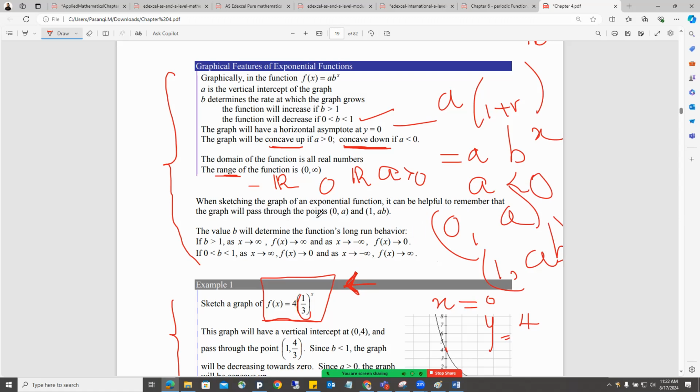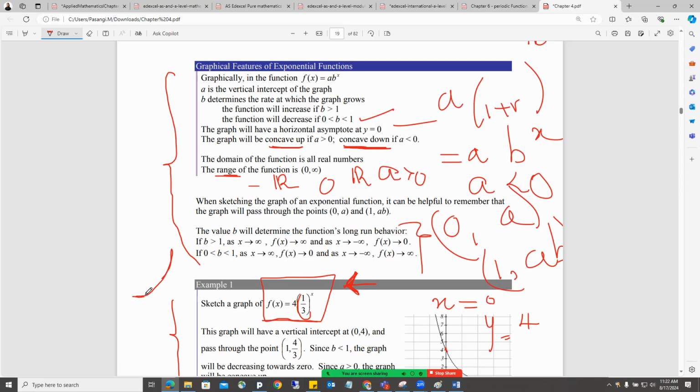Then you should also be able to explain these. When the b value is greater than 1, as x goes to infinity, the y value also goes to infinity. Here we have the summary.